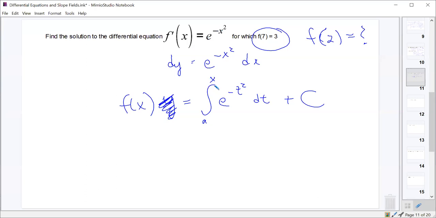And so what we need is f of 7, which would be the integral from a to 7 of e to the negative t squared dt plus some constant to equal 3. Well, how can I make that true? You should be able to tell me a value for a and a value for c that will make that a true statement.